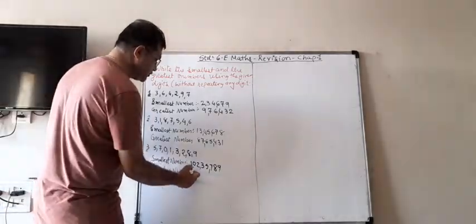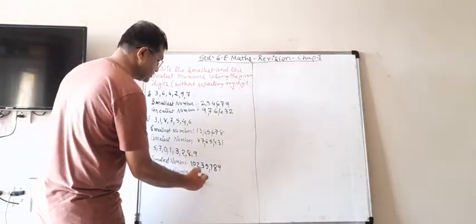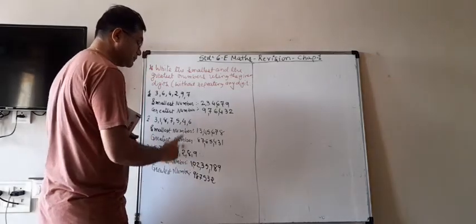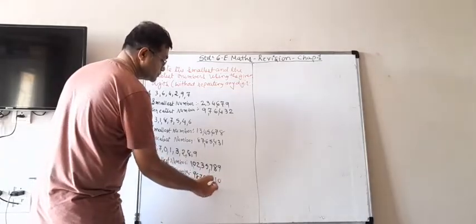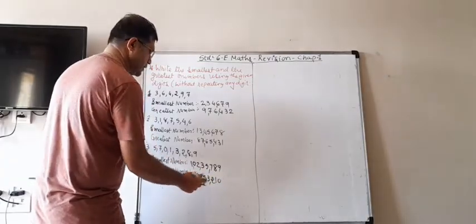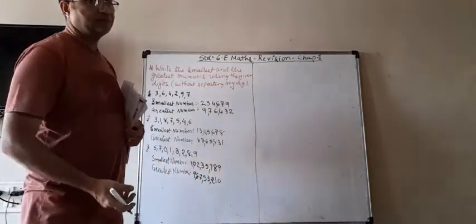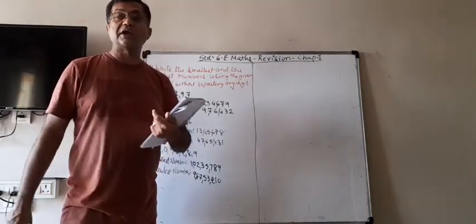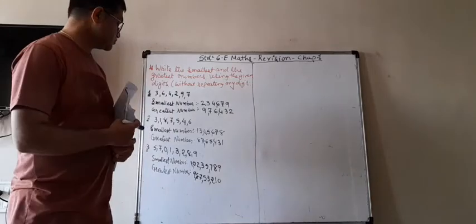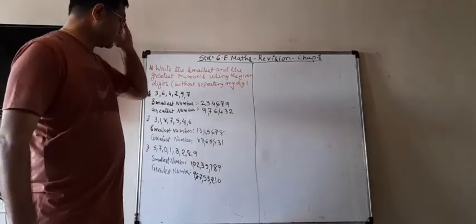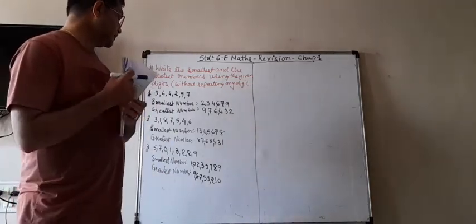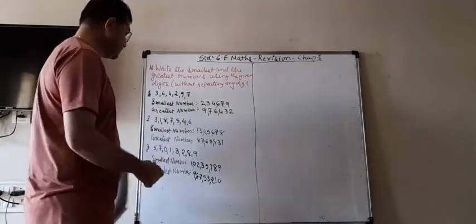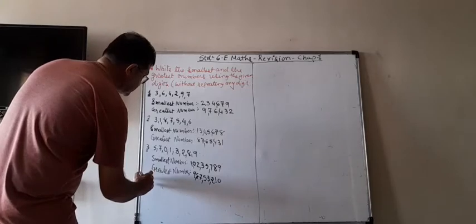So here we will write 9, 8, 7, 5, 3, 2, not 0, 1, but 1, 0. Because 0 at the end is fine, but in the beginning we cannot write 0. So this number is 9,87,53,210.